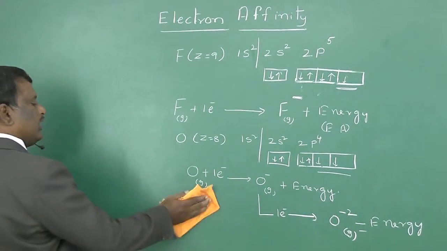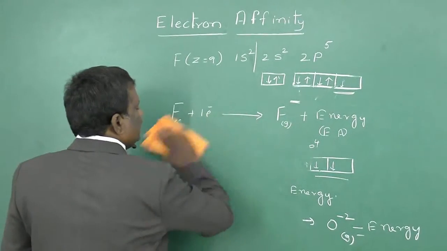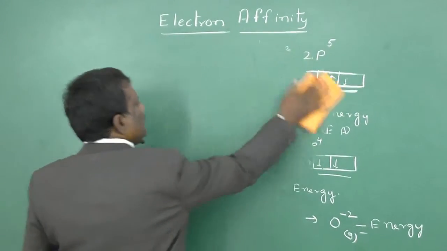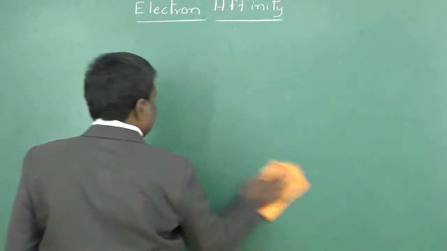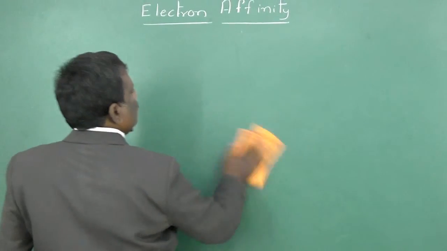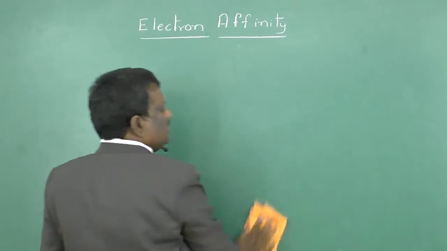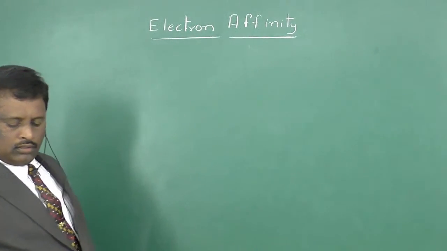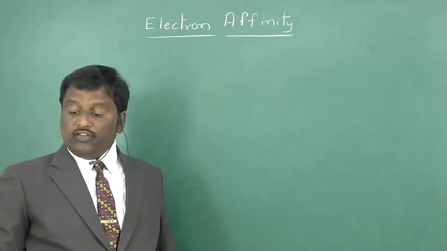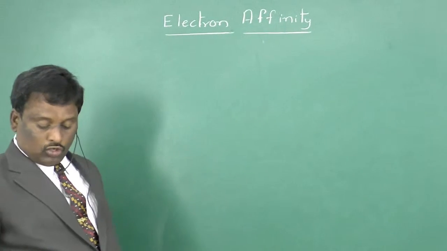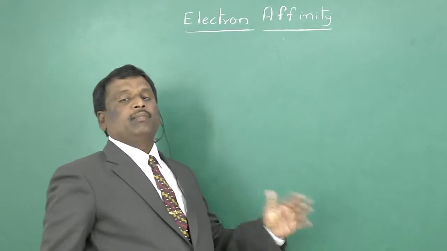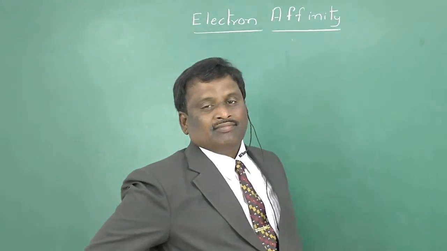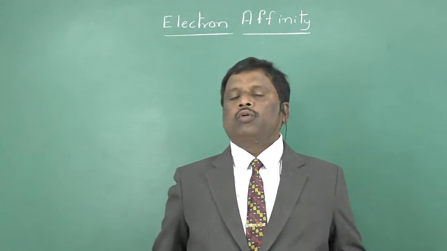Now, let us verify how this electron affinity changes along the period and along the group. If you take the periodicity of electron affinity, along a period, as atomic number is increasing, atomic size decreases, we know.